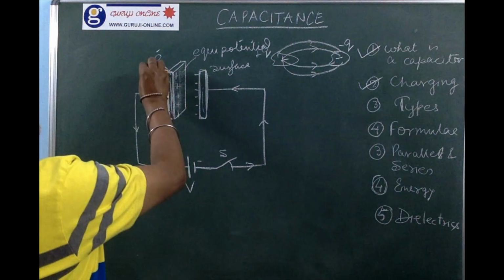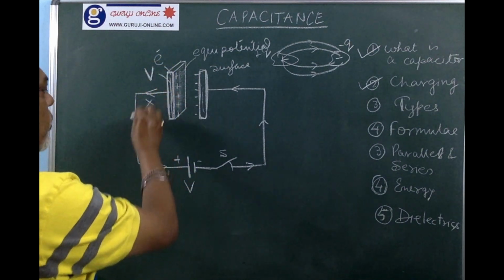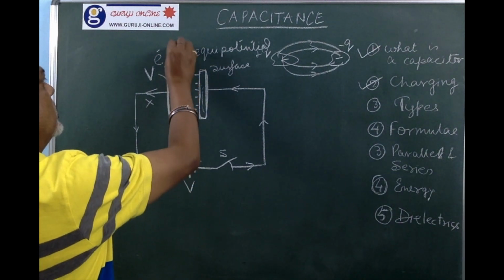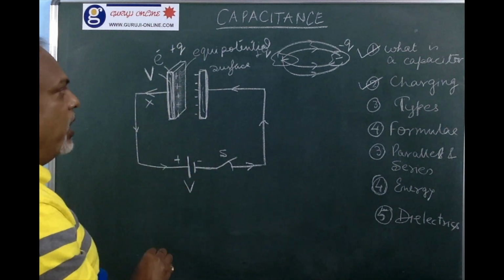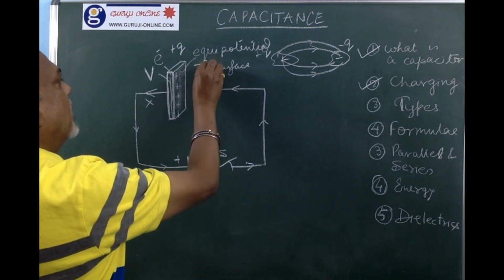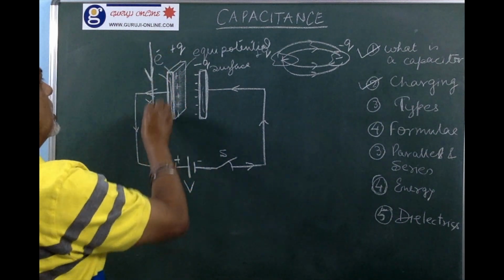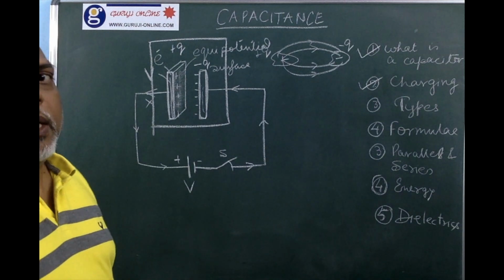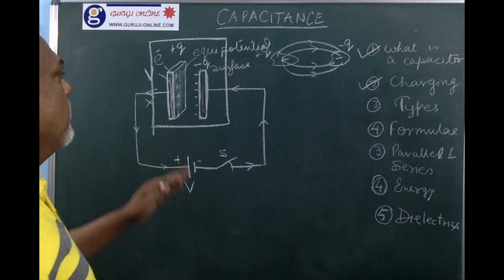Now when this voltage V is attained, naturally the flow will stop. These are positively charged, suppose plus Q. Naturally whatever electrons are going out from this, they are coming to this plate, so this will be negatively charged. So this is the process of charging the capacitor. This is a parallel plate capacitor.